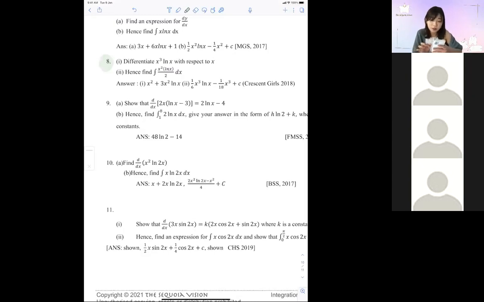Then you won't get the mark. So just be careful. You must always copy the integral sign down and then slowly times. So always use the clue. Can you see? You must always copy the clue, then you work from the clue, and then you will get the answer. Okay, Joshua can go already. Okay, bye.